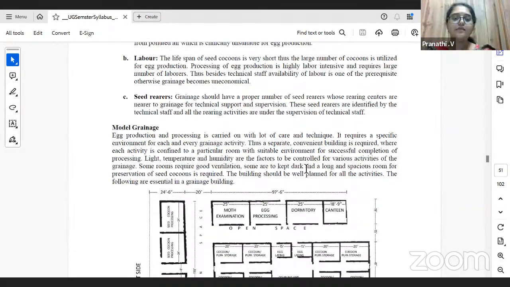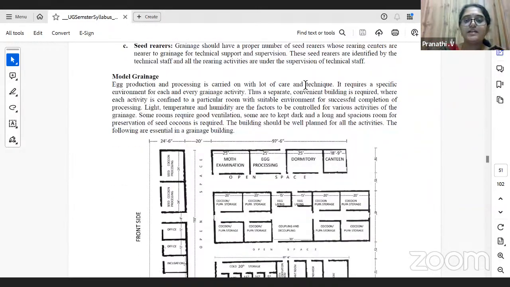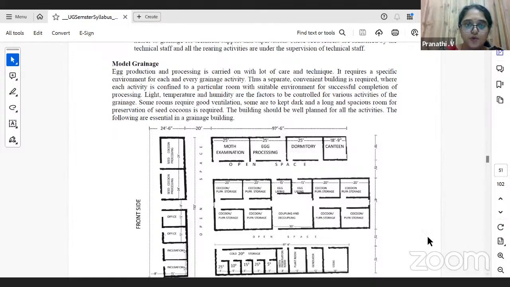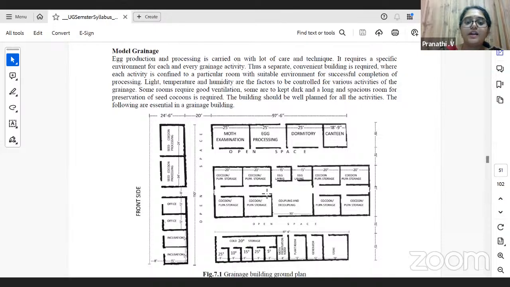So when you see the model of the drainage, you have to see that it is in a very huge area requiring a specific environment for every drainage activity that is present. So you have a separate convenient building that is required with different kinds of environments.